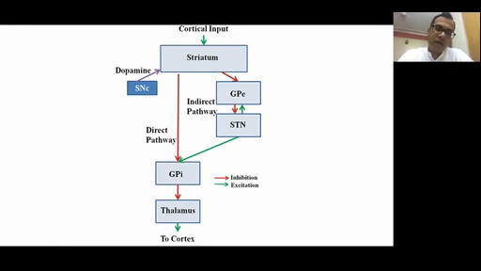Now in Parkinson's disease, we have a deficiency of dopamine itself, so both D1 and D2 receptors are not excited. The direct pathway is affected, which leads to reduction in movement overall, and the indirect pathway is not activated, and that mostly leads to tremor.